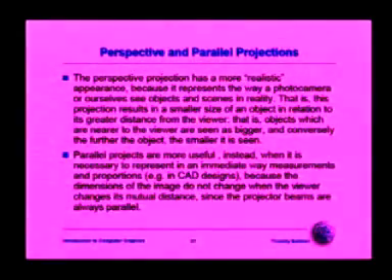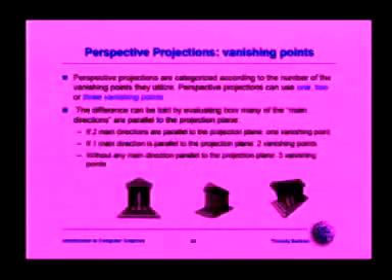So this is what I wrote there in this slide. These are the two main areas, perspective and parallel. Then you have different variations for each one. For example, there are different kinds of perspective projection, and you can differentiate them according to how many vanishing points you are using for your projection.